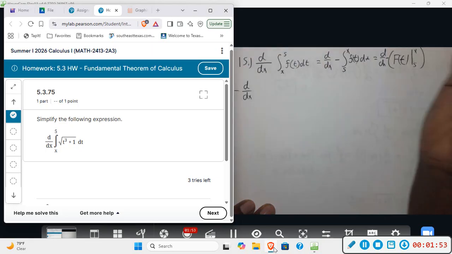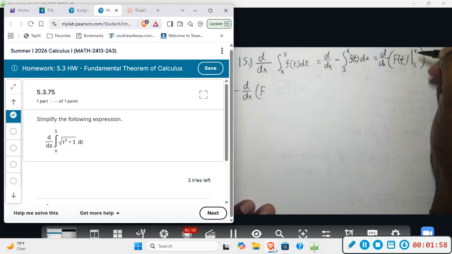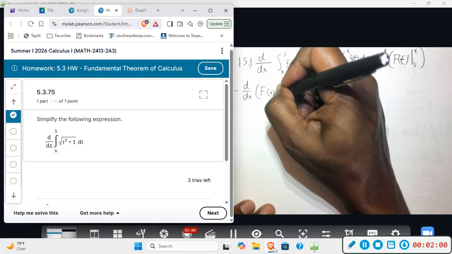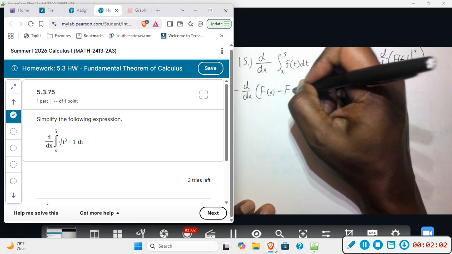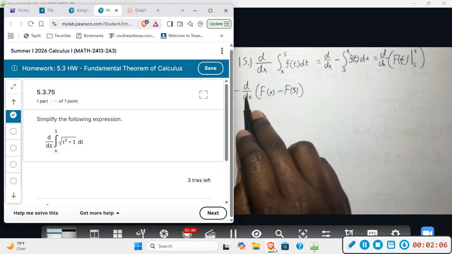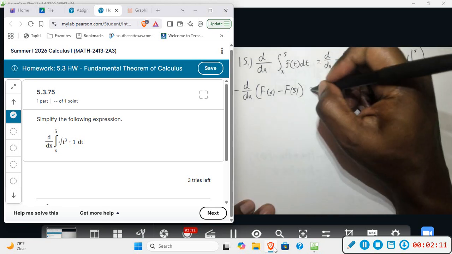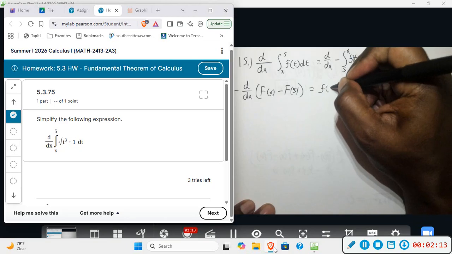All right, continuing, we would get derivative. I'll just plug a negative out front of big F of x, upper limit first, minus big F of 5. And then when we do the derivative of big F of x will give me little f of x.